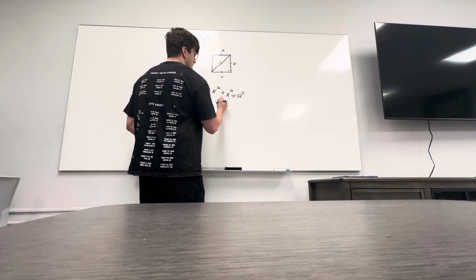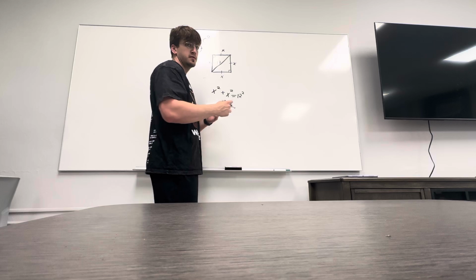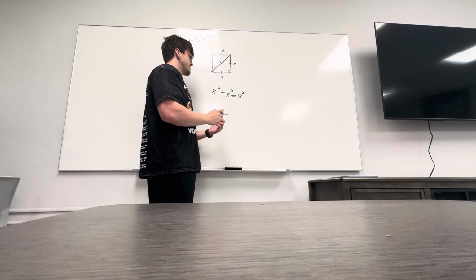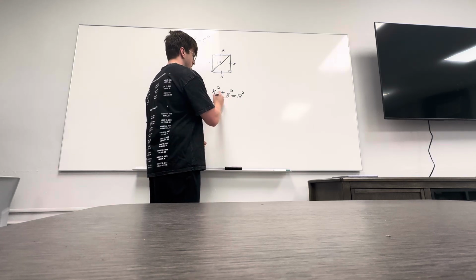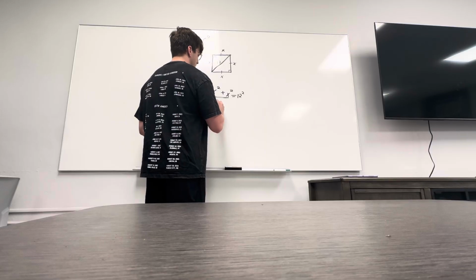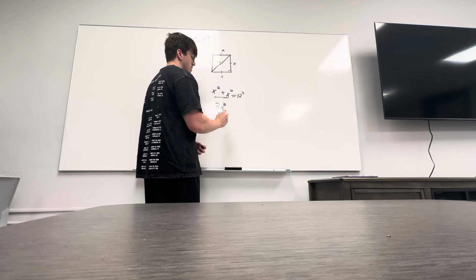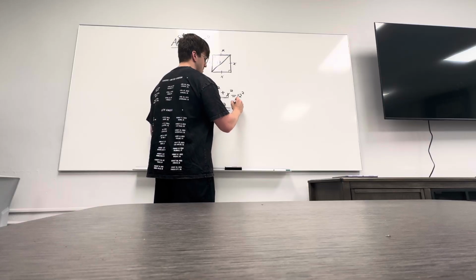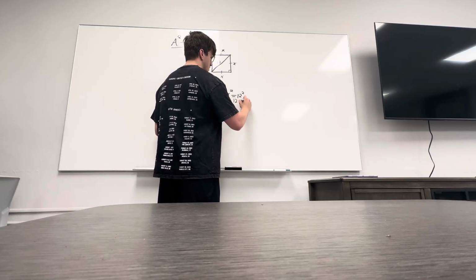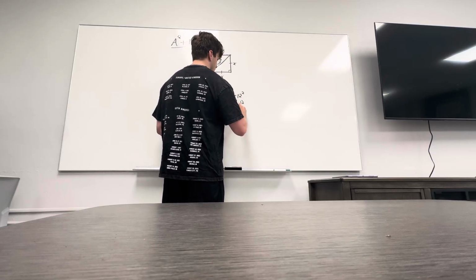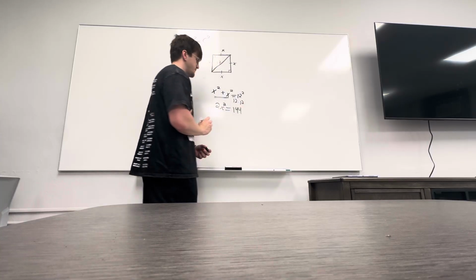Okay, so going back to our previous lessons about how you do this work, you know that that is equal to 2 x's squared, and then 12 times 12 is equal to 144.